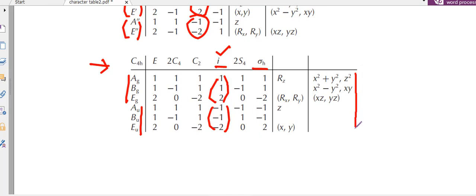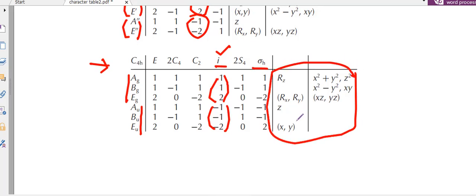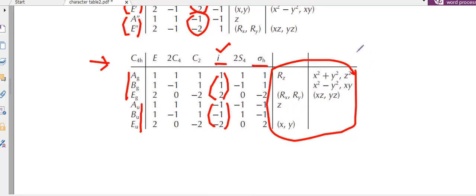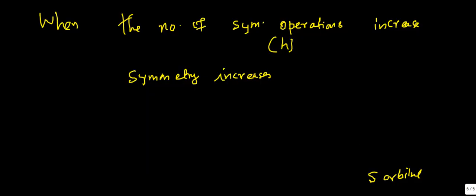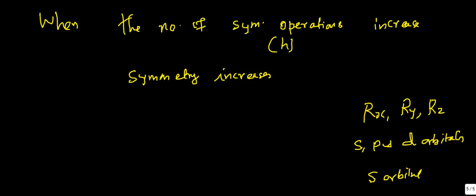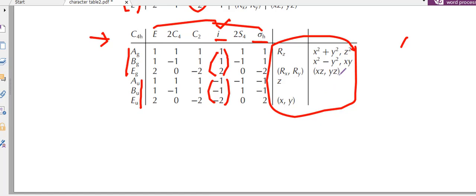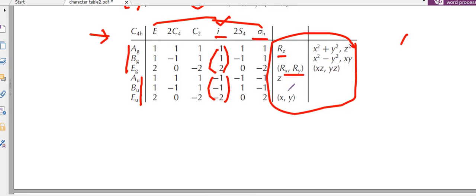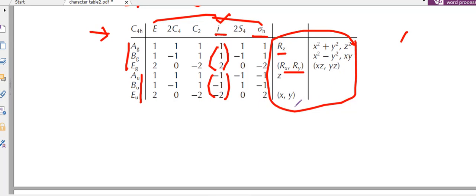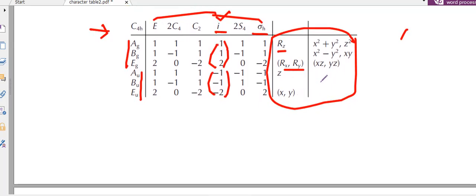These letters, x, y, z, x square, y square, z square, etc., represent the result of carrying out these symmetry operations on s, p and d orbitals and the rotation vectors Rx, Ry and Rz.